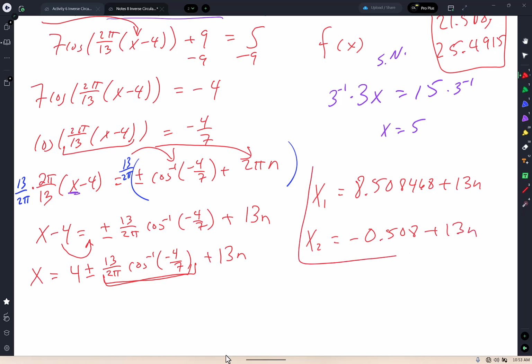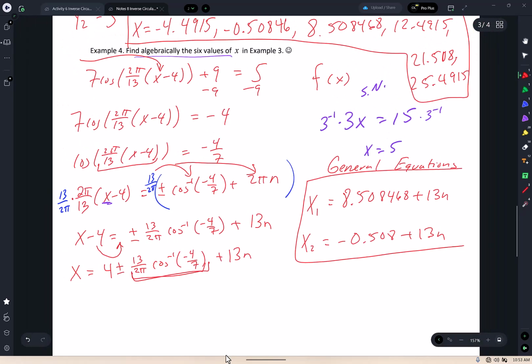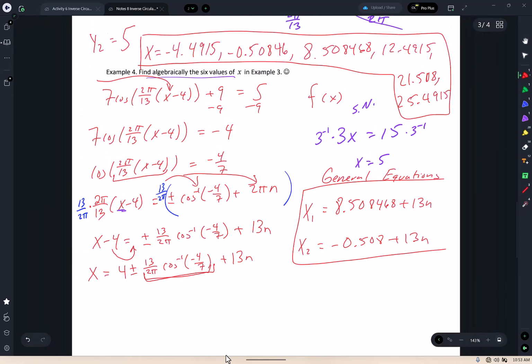What are those equations called, guys? General equations. Why are they called general? Because those equations will get you all the answers. We're almost there, guys.